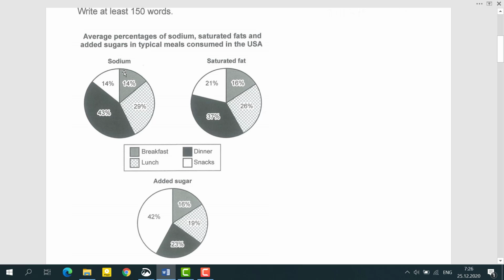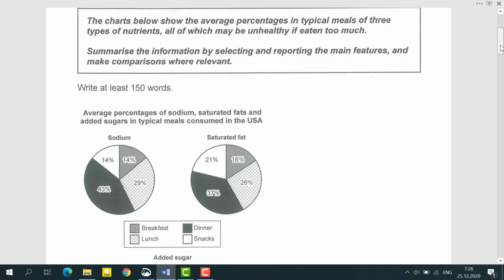And we have several kinds of meals here: breakfast, dinner, lunch, and snacks, with different percentages. Our job is to focus only on the main features, and then make comparisons where relevant.